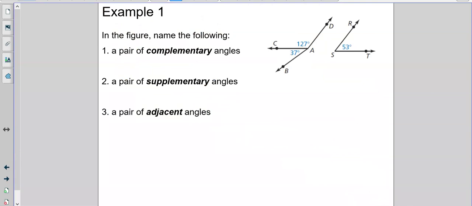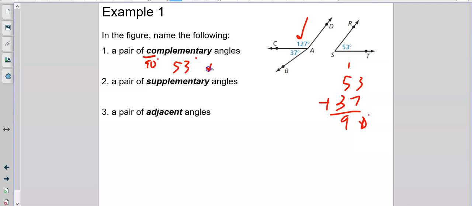All right, in the figure, name the following. A pair of complementary angles. Remember, C is going to be 90 degrees. So we need two numbers that add up to 90. Well, obviously, we're not going to use 127 at all because it's bigger. So there's really not too much of a choice, but let's just confirm that 53 plus 37 add up to 90. They do. So we're going to say 53 degrees and 37 degrees.